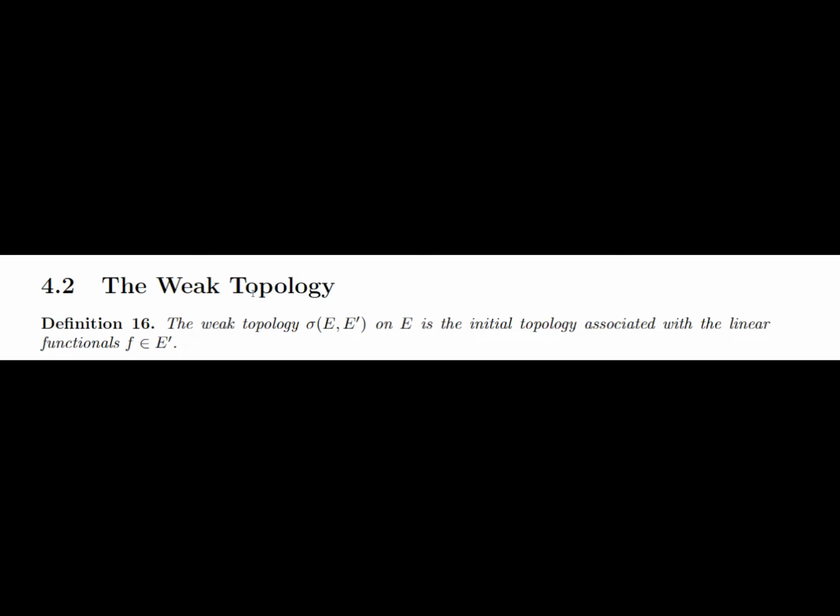Because if it has fewer open sets, it will have more compact sets. So for analysis, it's useful to have a weaker topology. And so the weak topology, which we call sigma, a topology on E, is the initial topology associated with the linear functionals f in the dual E prime. So that's the definition of the weak topology. It's an important tool in functional analysis.